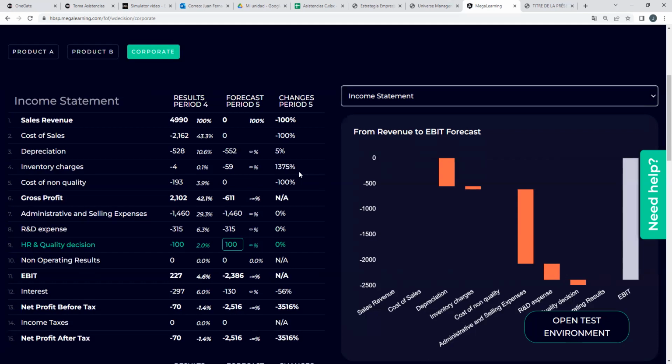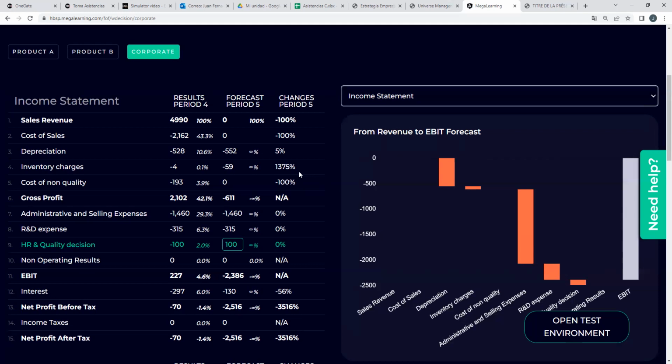Okay. And here this column number 3 is calculating you the changes in percentage, automatically. So, for example, in the last administration invested $100 in human resources and quality decision. The simulation is bringing the same information as before, and it's putting here 100.